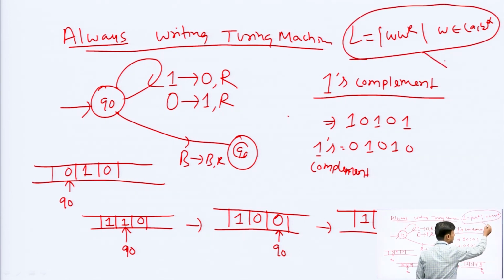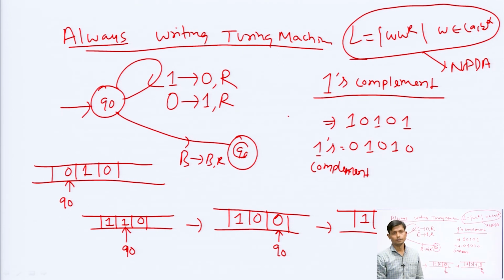For this we choose the NPDA, non-deterministic pushdown automata, because some languages are accepted by the non-deterministic pushdown automata, and some languages are accepted by the deterministic pushdown automata. So, that is why DPDA and NPDA are not equivalent.